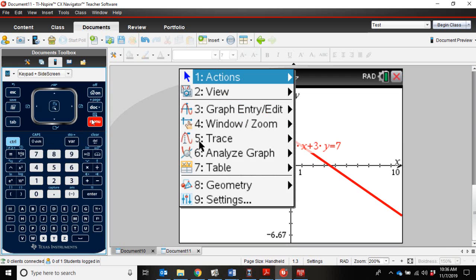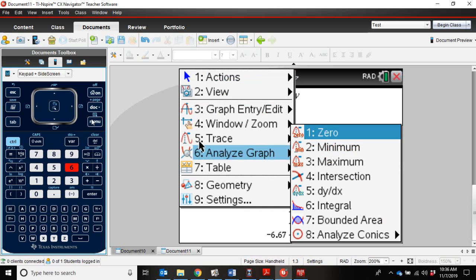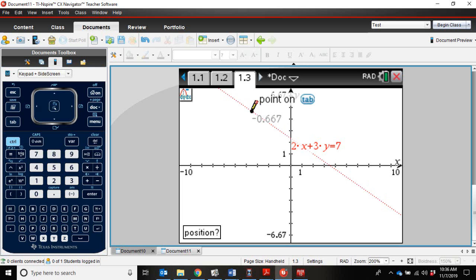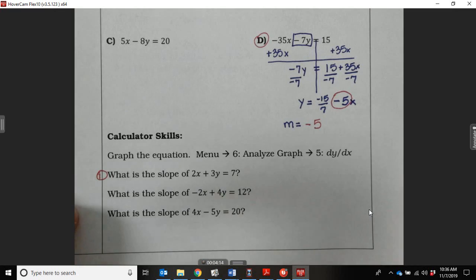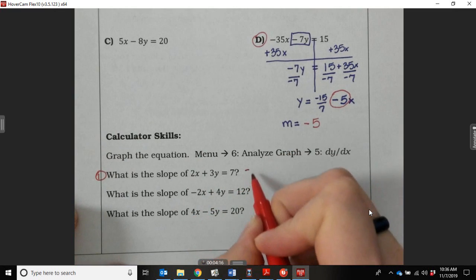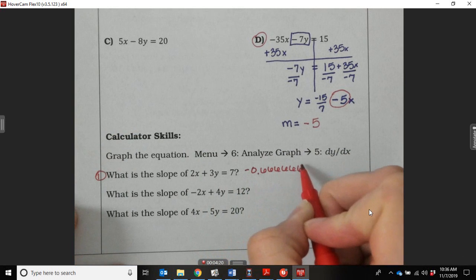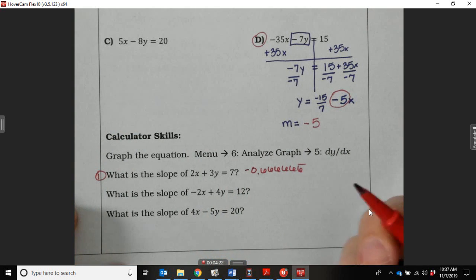And the steps were menu, 6, 5. And again, you just go to the line and you press down on it and it will give you your slope. So here, my slope is negative 0.667, which is not really what it is. It's negative 0.6 repeating. Okay, that's why it rounded off with a 7.